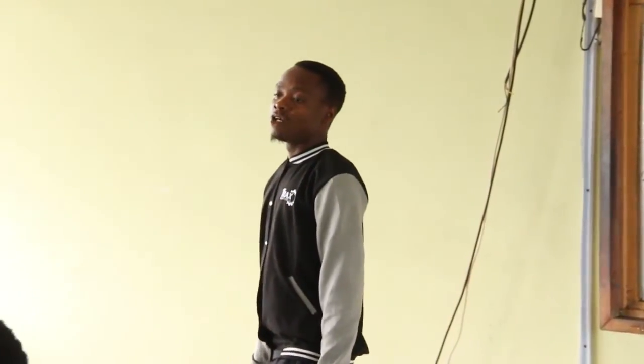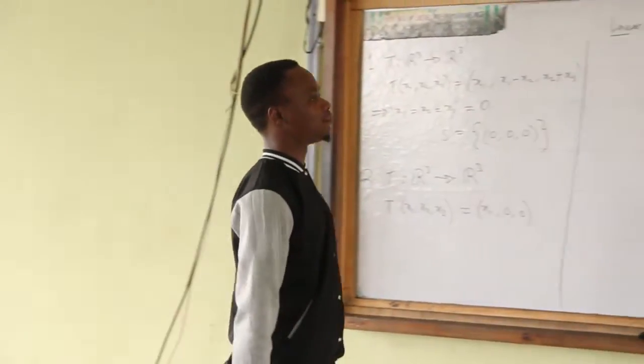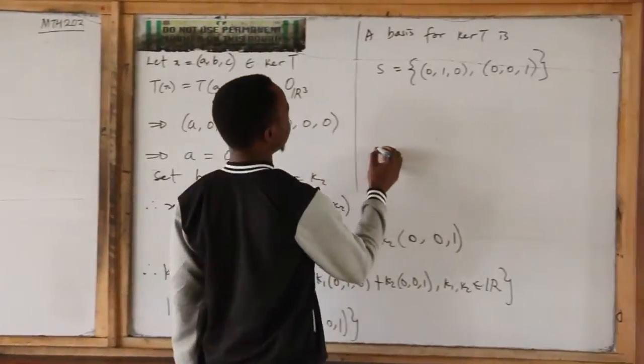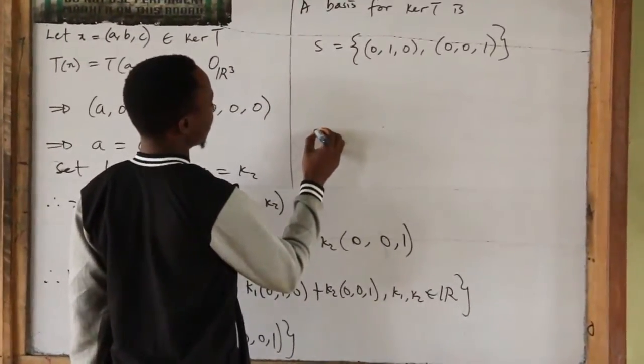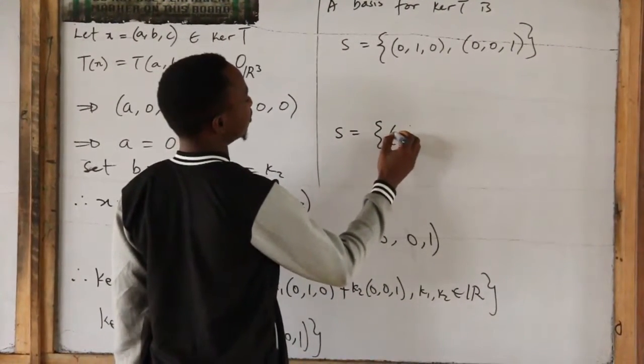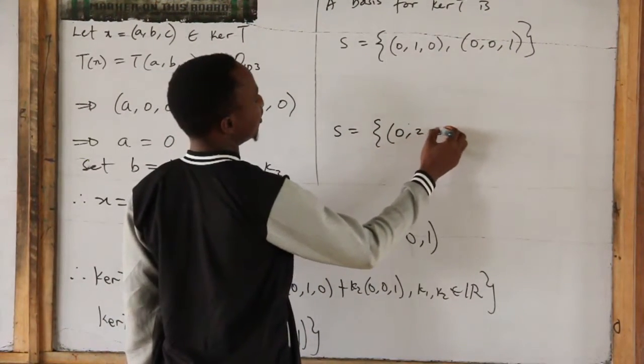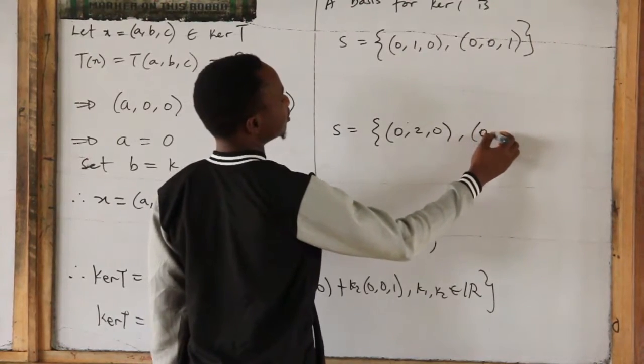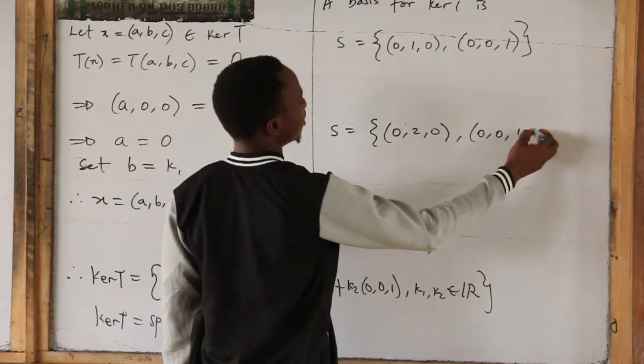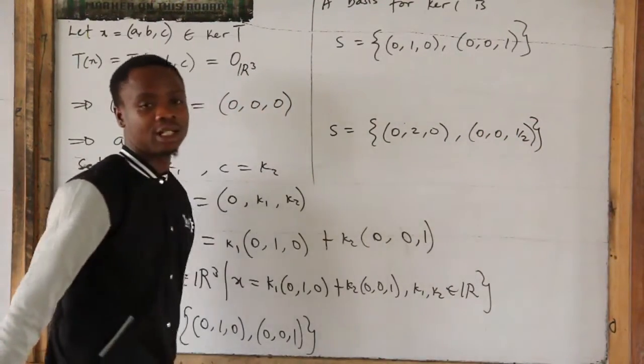Listen. You know, if I give you an objective question, I can write this as an option. Please pay attention. I can have something like S is equal to, let's say, 0, 2, 0 and 0, 0, 1 plus 2. They are actually the same.